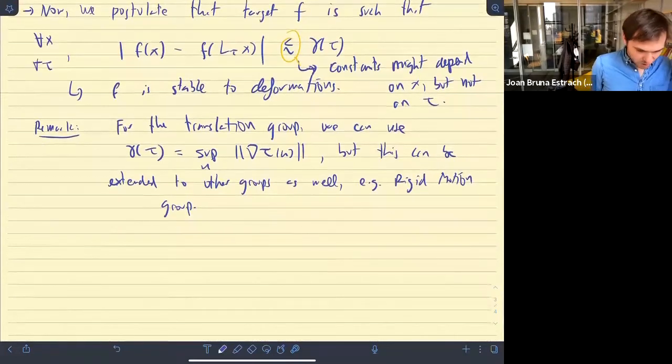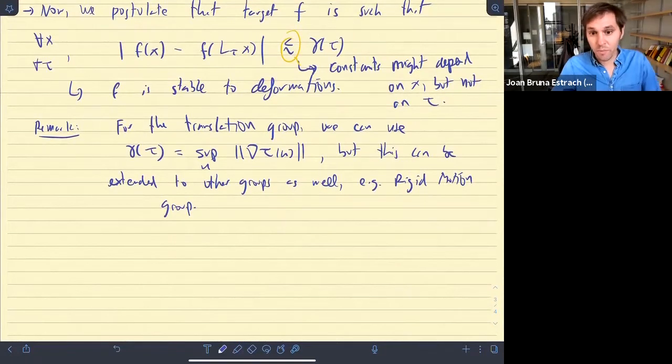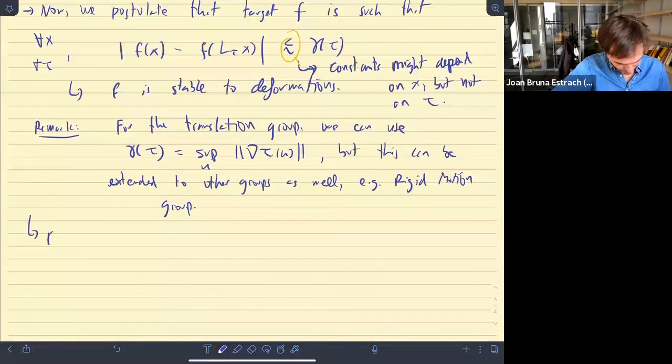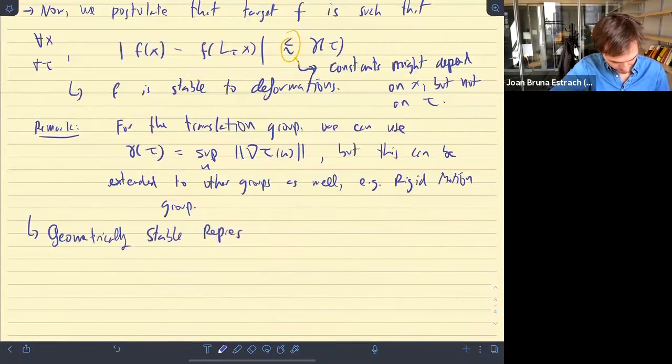All right. So if our target function has this property, so we postulate that the function we want to learn has this property, the natural question is, how can we leverage this assumption? This is an assumption, and so we can define geometrically stable representations, as we would naturally expect.